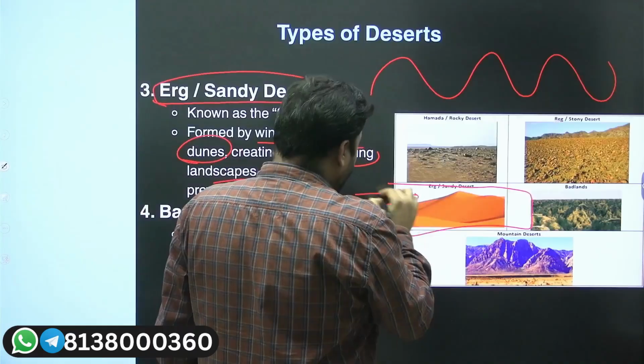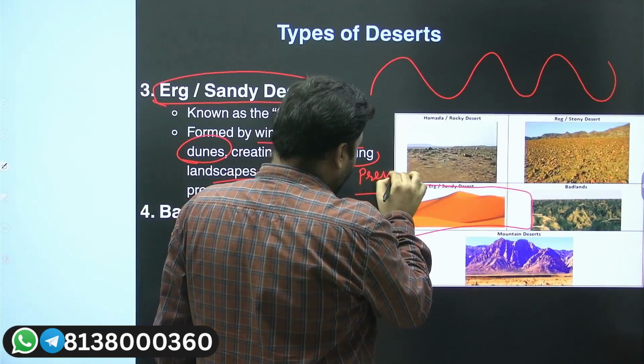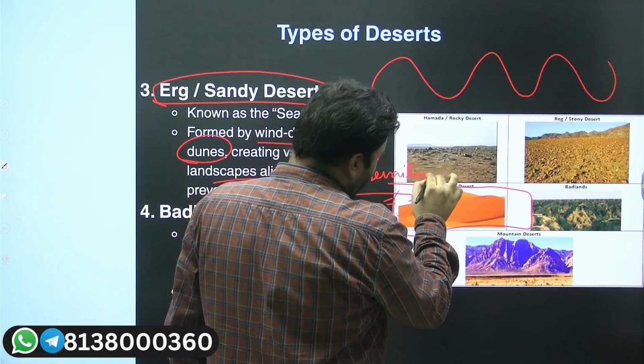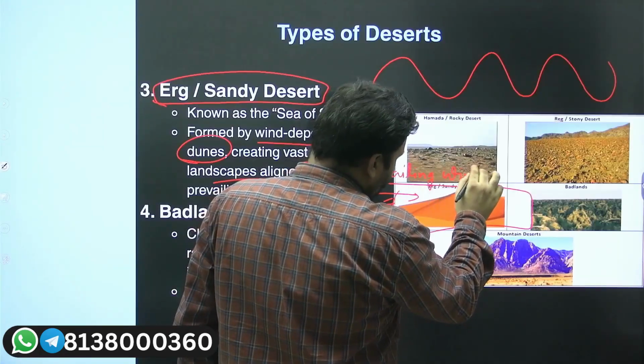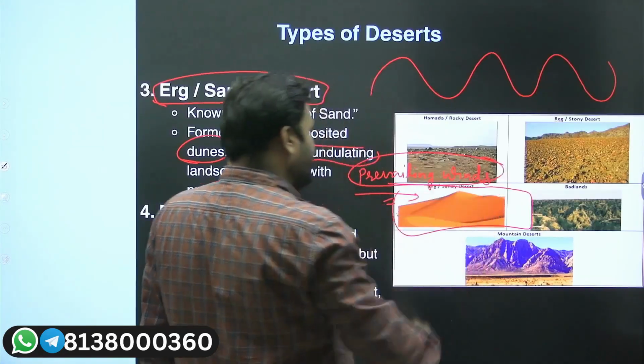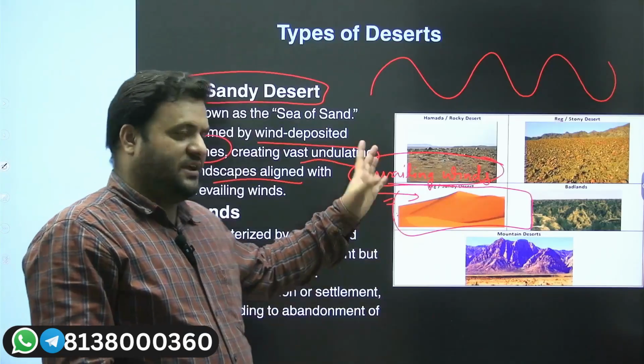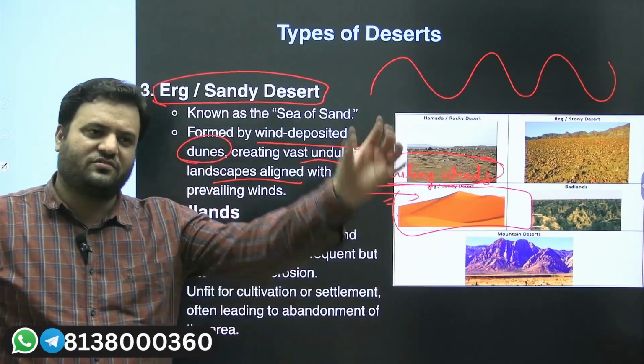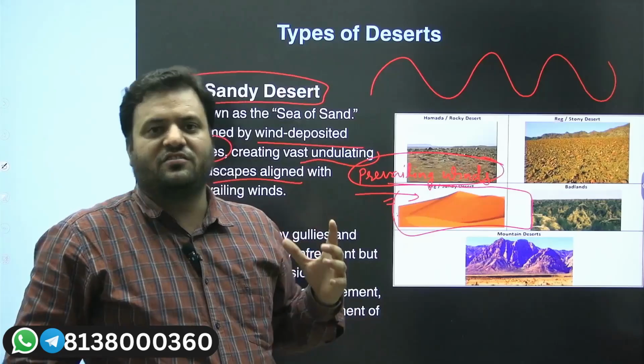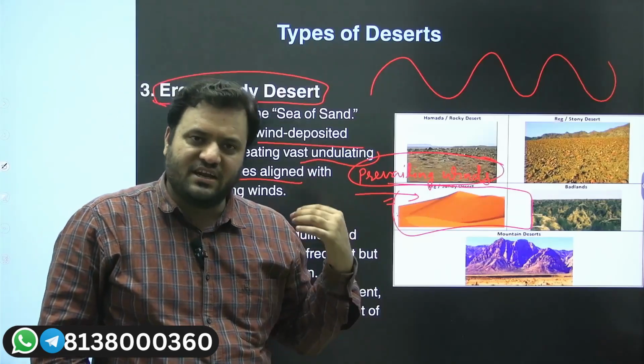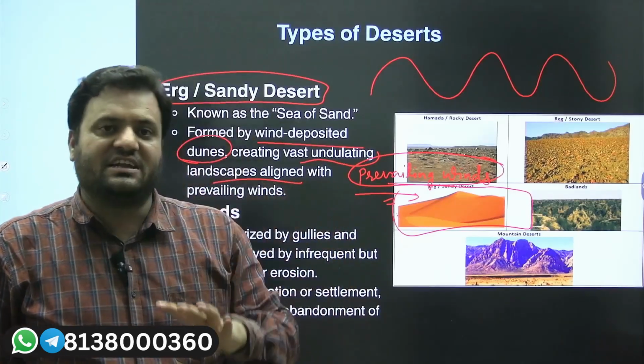You will get to know about prevailing winds in the atmosphere. So just be with me, just remember these terms, and I will explain all of these terms in climatology itself. Geography is very much interlinked. Each and every topic is linked with another one in order to have a better explanation.